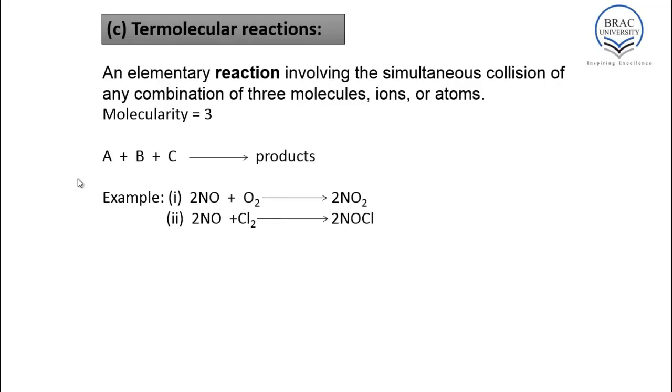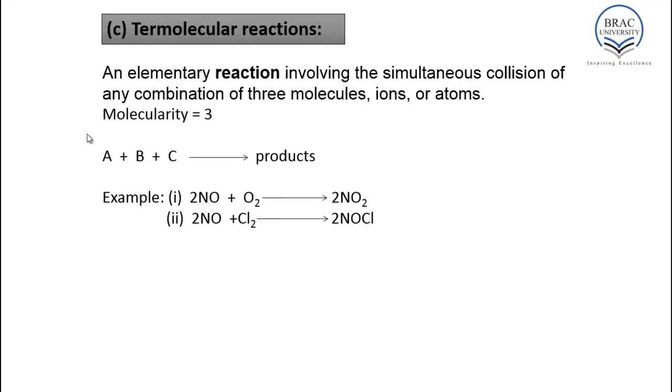This is not always required for a termolecular reaction. There can be three different kinds of reactants, or there can be three of the same reactant. I mean, there can be 3A, or 3B, or 3C. In all of these cases, they are termed termolecular reactions, because there are three reactants involved.